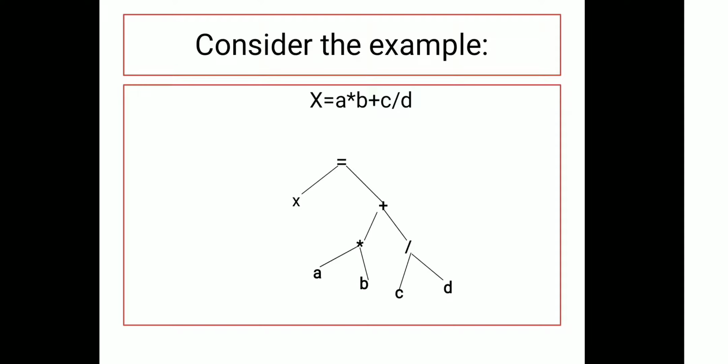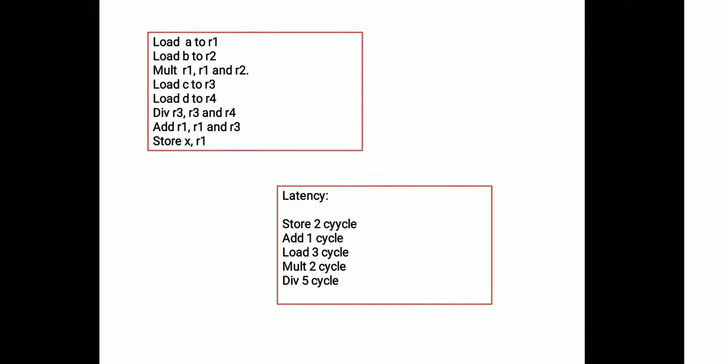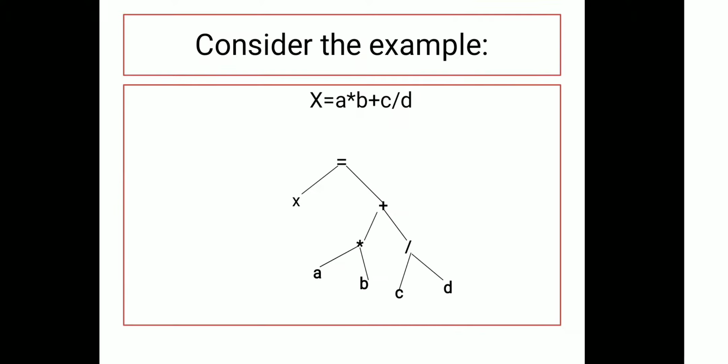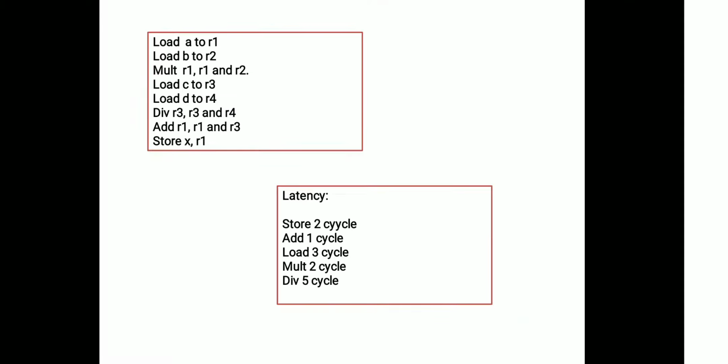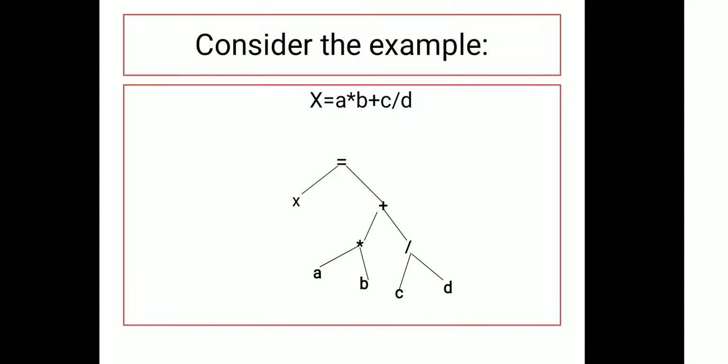So this is the target code we generate for the above expression. First we load a into register R1, and load b into register R2. Then we perform the multiplication operation.